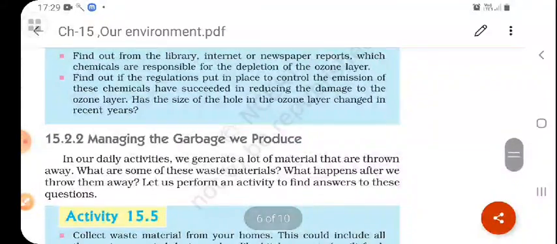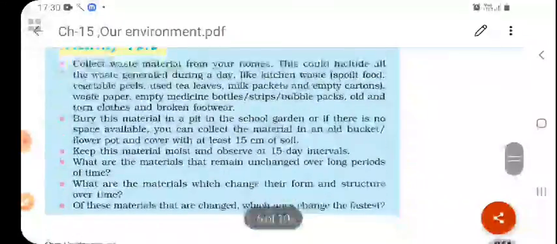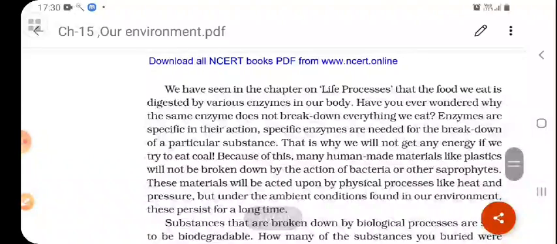Okay, the second thing is the management of the garbage we produce. Okay, we produce garbage from the kitchen to industrial waste. We dispose of them into the river, which causes river pollution. Okay, the water pollution. The chemicals are making life in water impossible.